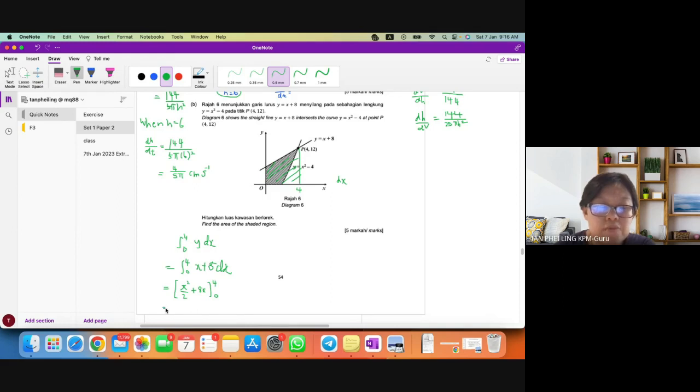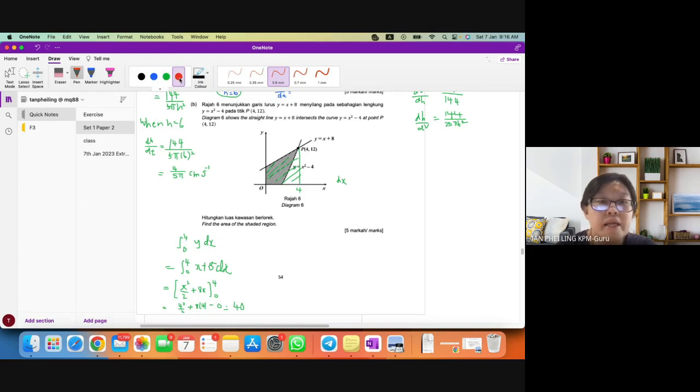I substitute in, I get 4 squared over 2 plus 8 times 4, and then we minus 0, because 0 over 2 is also 0, and 0 times 8 is also 0. So 4 squared is 16 over 2, 8, 8 plus 32, 40. So I have my green color part.